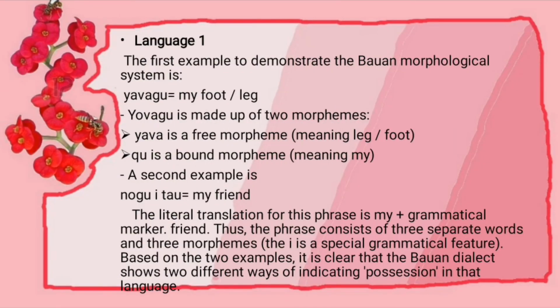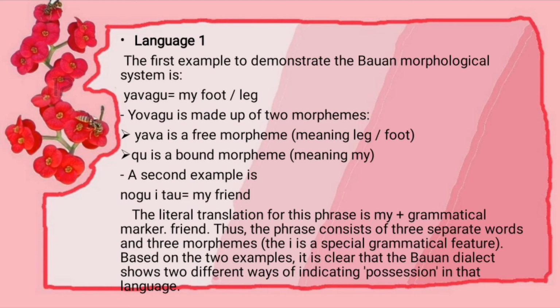The first example to demonstrate the Bauan morphological system is Yavagu, which is my foot or leg. Yavagu is made of two morphemes. Yava is a free morpheme meaning leg or foot. Ku is a bound morpheme. Its meaning is mine. A second example is Nogu ai tau, which is my friend. The literal translation for this phrase is my plus grammatical marker, friend.